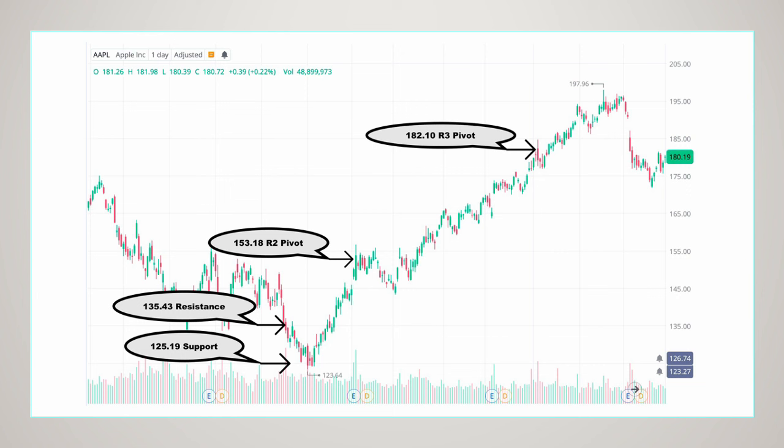Above that you see 152.18 resistance and also a pivot point, as you can see it reversed a little bit after that. And then you see the 182.10 resistance level, also a pivot, because you can see maybe a couple weeks after that it falls over, and then you see in the later part of the chart it struggles to get past that level.